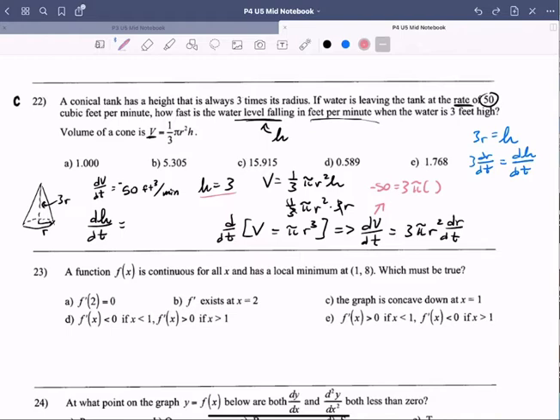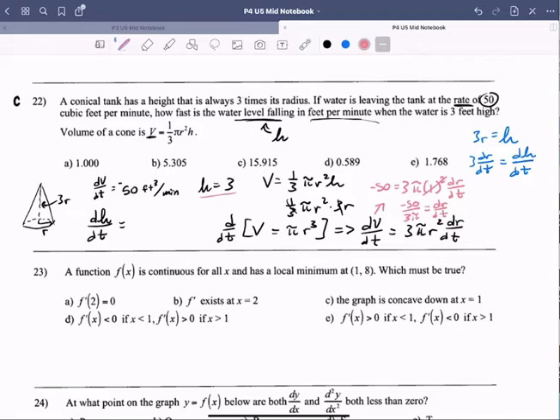So we can plug in 1 right here for the r, so 1 squared, and then dr dt. Sweet. We're left with dr dt. We can totally solve this. No one cares about you, 1 squared. I divide both sides by 3 pi, so I get negative 50 divided by 3 pi equals dr dt.